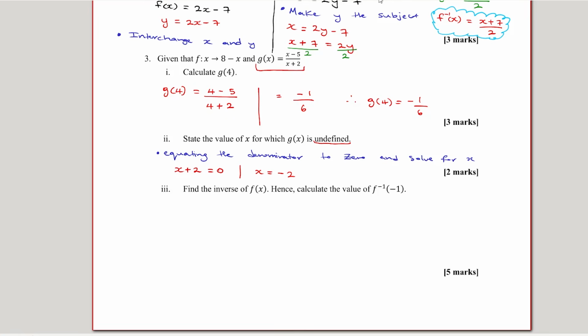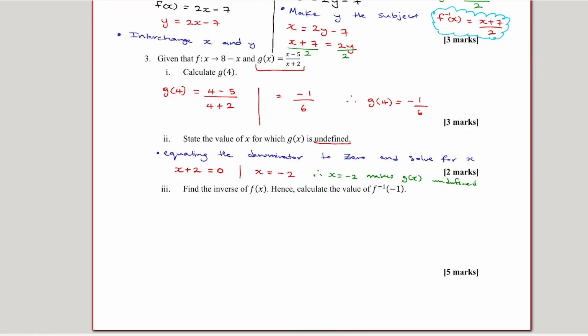So we can now say, therefore, the x value that makes this function undefined is negative 2. That's all. Equate the denominator to 0, then we solve for x. So therefore, x equal negative 2 makes g of x undefined. And that's it.